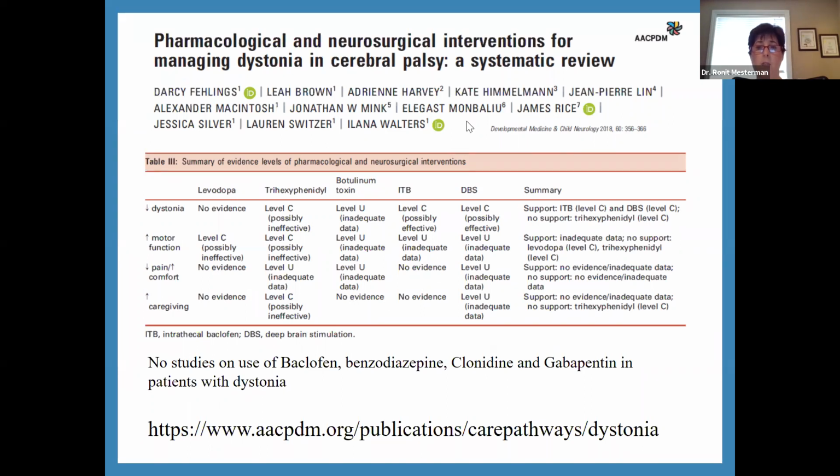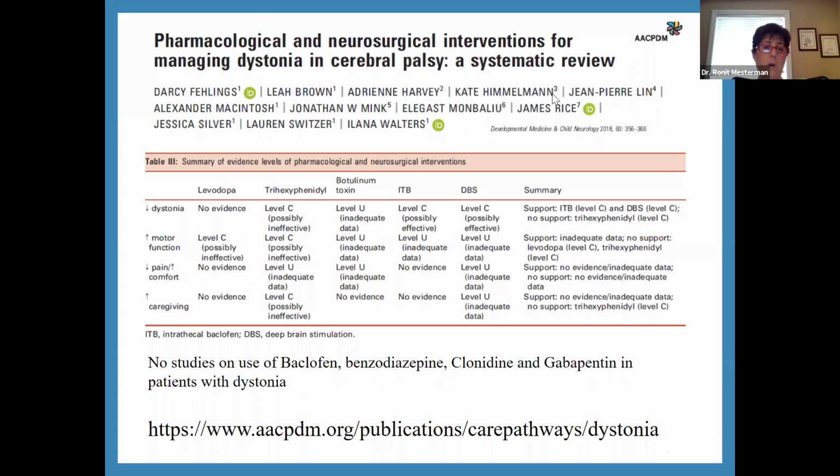So this is a nice review in 2018 that looked at not only the pharmacological but also neurosurgical interventions of dystonia. I want to point out the first two columns, where this paper was addressing in this meta-analysis medications including baclofen, benzodiazepines, clonidine, and gabapentin. They noticed that for none of those four medications were there actually papers that fitted their criteria.